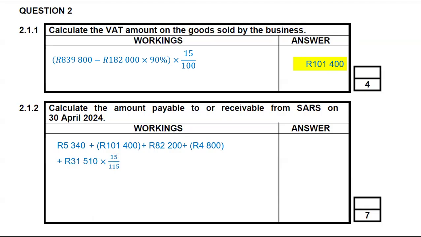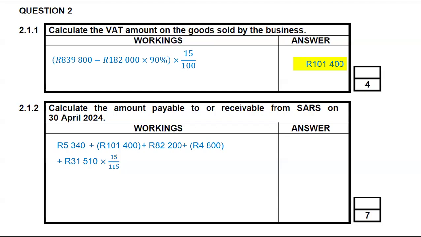Now you can do your math skills there. Take 5,340 minus 101,400, add 82,200 minus 4,800 plus 31,510 times 15 over 115.